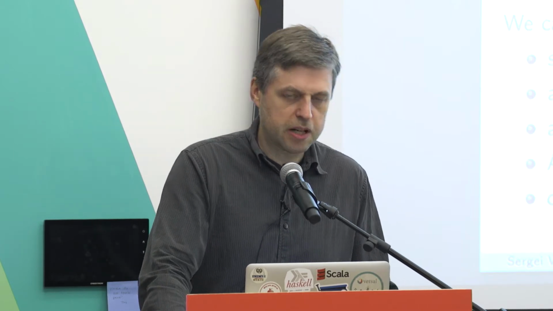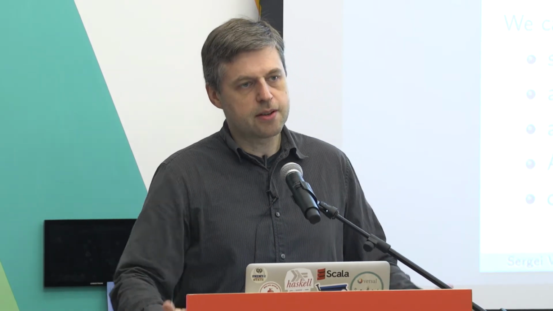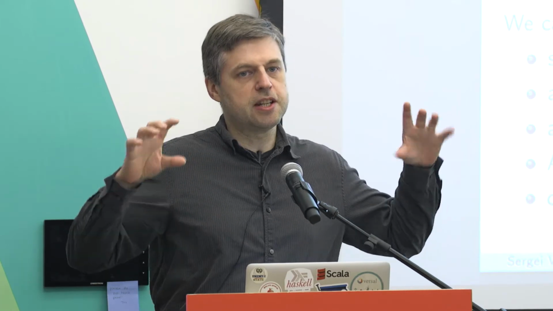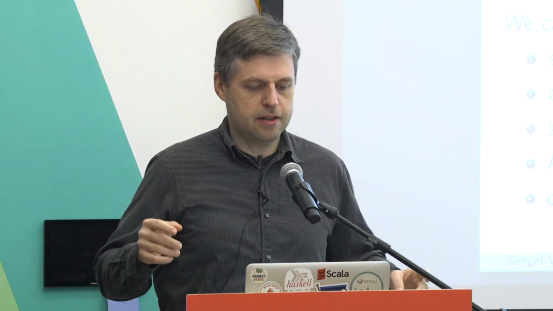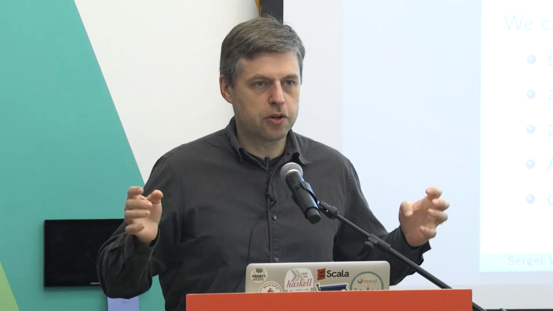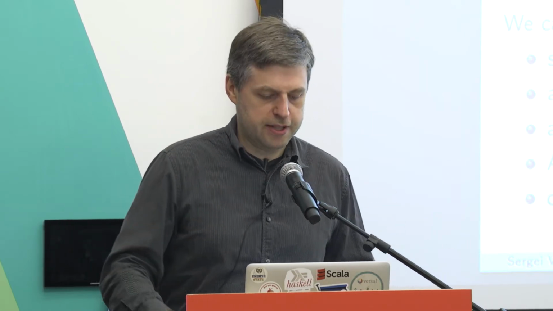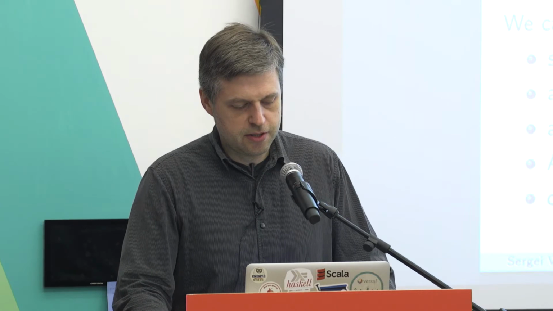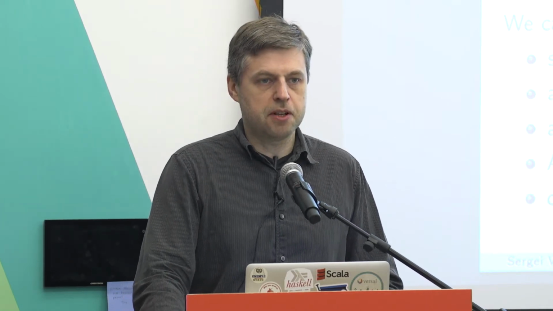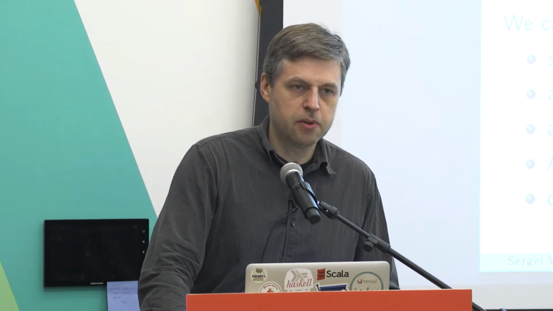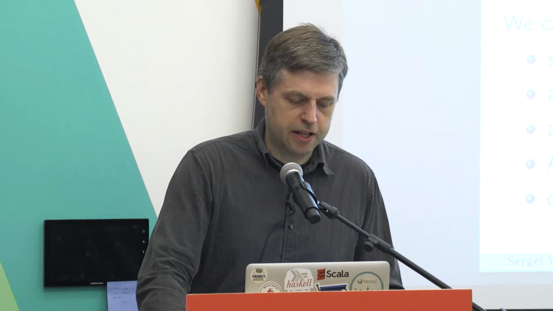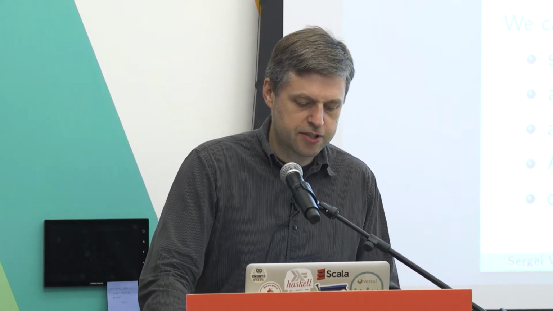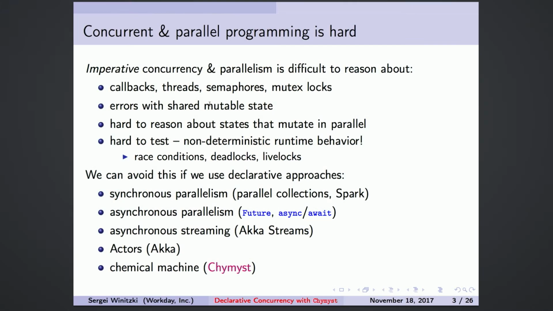And it's hard to reason about processes going in parallel and each mutating their state and then somehow coordinating or accessing shared mutable state. It's also very hard to test such programs because programs have non-deterministic runtime behavior. Every time you run them, the result is a little different maybe. And never enough testing. There are race conditions, deadlocks, or live locks.